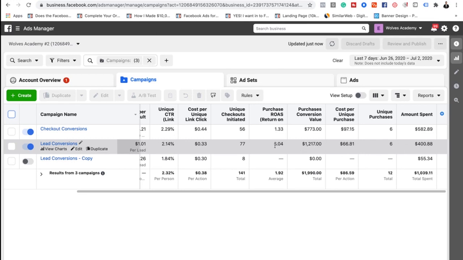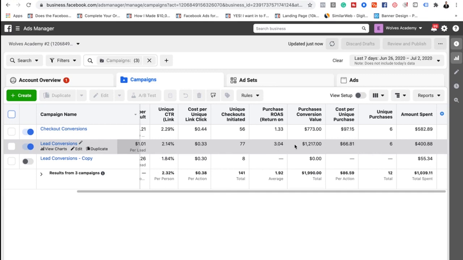That's why I'm above my 2x return on ad spend KPI. I was telling you from way in the beginning what my KPIs were: about $60 per purchase and about $120 average order value, which will give me about a 2x return on ad spend.